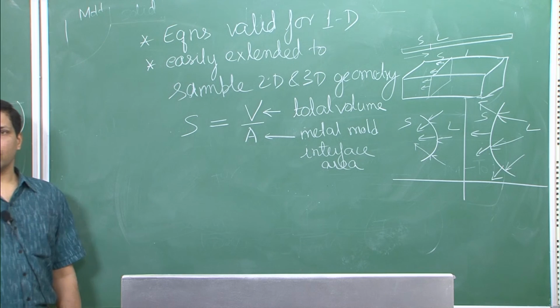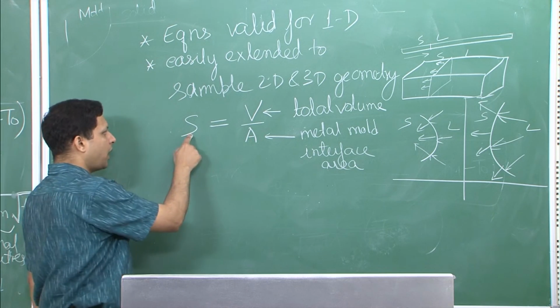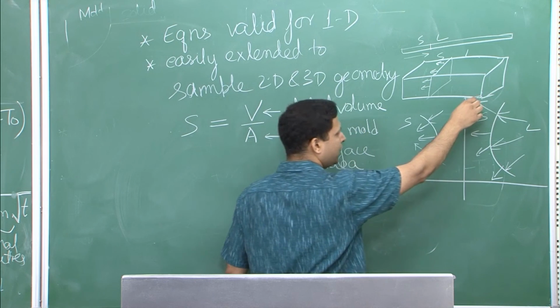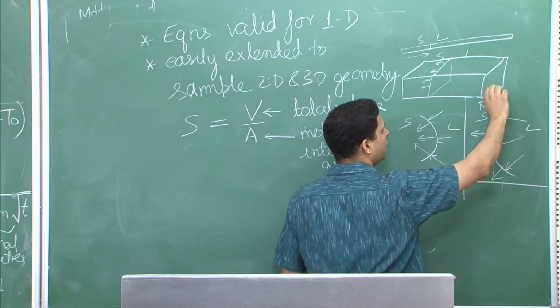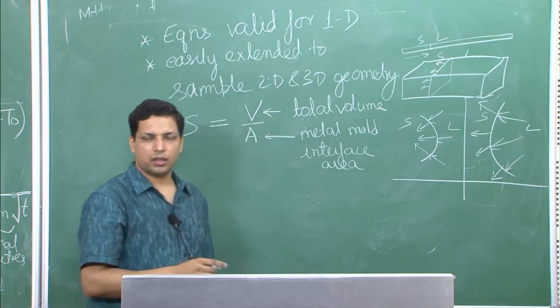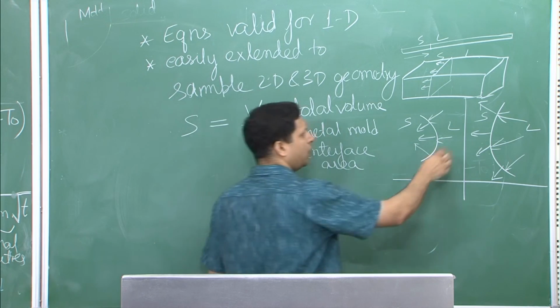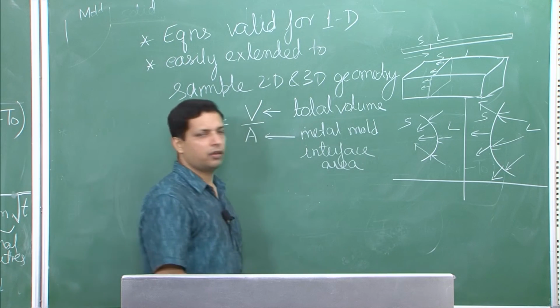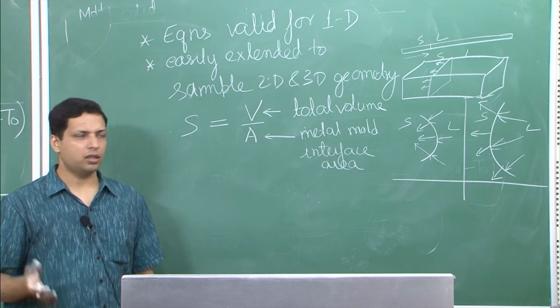S is the total length. As you see, if you keep going all the way out to the end, then this becomes your whole volume, which is the total volume that has solidified, and this is the interface area. So this interface area remains almost constant, and therefore in simple geometry it will always remain constant.